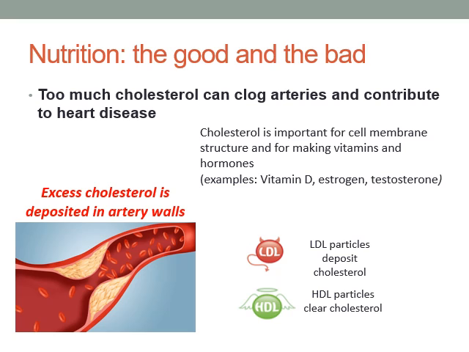So cholesterol is actually like a fatty acid, so it's important for cell membrane structure and making vitamins and hormones. So examples of cholesterols are like vitamin D, estrogen, testosterone. So we do need cholesterol, and the problem is when you get an excess of cholesterol, especially the bad kind of cholesterol.